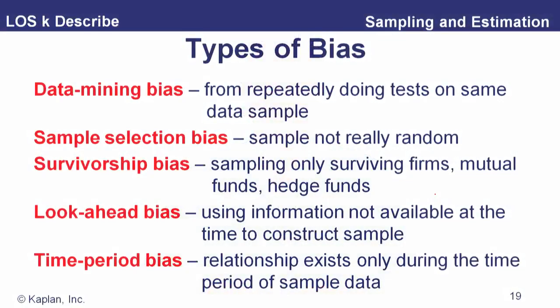Survivorship bias: sampling only surviving firms, mutual funds or hedge funds. When we get to alternative investments, we'll talk more about this with respect to hedge funds. But you can think of it with mutual funds. Say I'm a researcher, I want to do a test on mutual funds. I want to look at their mean returns, I want to look at their distribution of returns. And I say, well, I need at least 20 years of data.